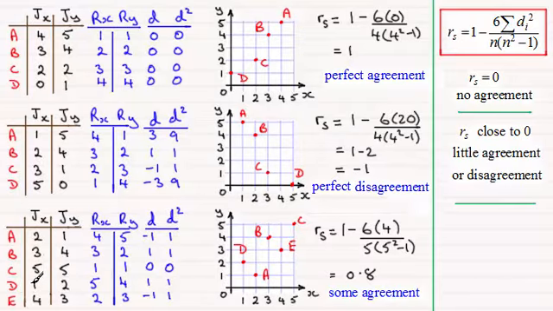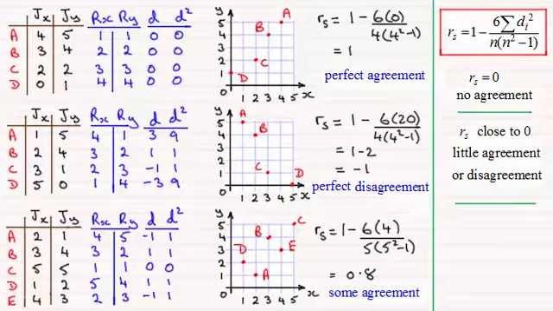So in this example, for Judge X, just give D the first rank. And then check out what you get. You should arrive at exactly the same value. So it doesn't matter then how you decide to rank your values, as long as you're consistent across both columns.